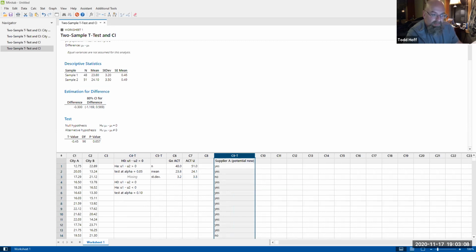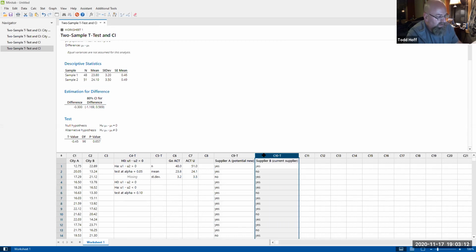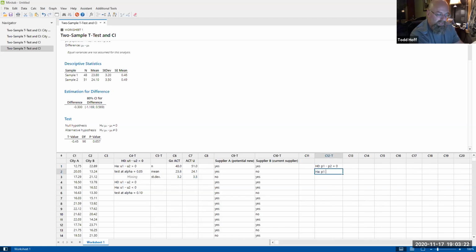And we take a random sample of 40 parts from our current supplier. And our null hypothesis is that P1 minus P2 equals 0. The alternative is that P1 minus P2 is going to be greater than 0, that the potential new supplier has a higher rate of acceptable parts. We're going to test at alpha equals 0.05.